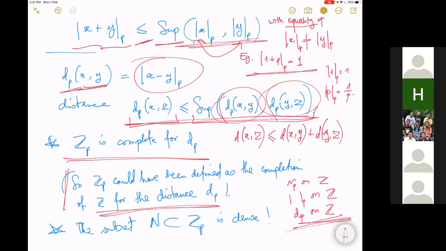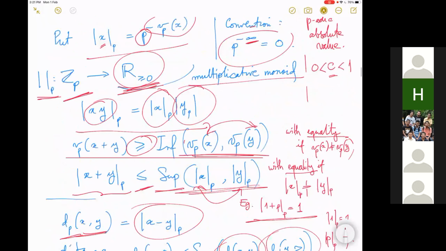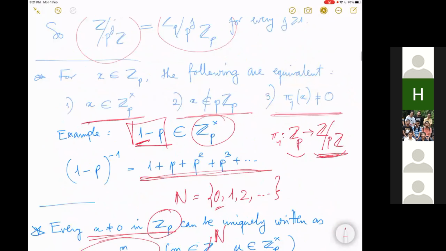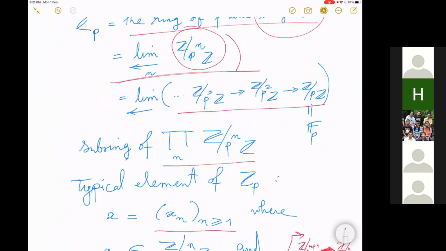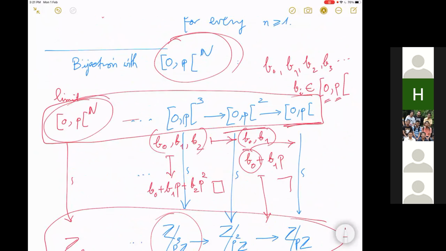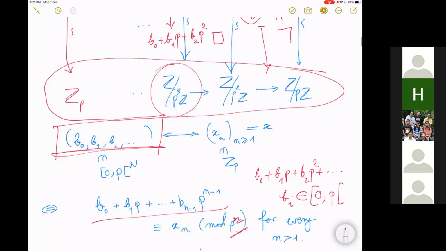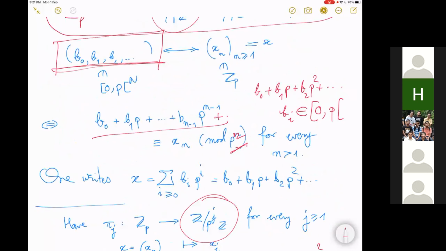What are the other two ways? The first one is, of course, the definition as the projective limit. And the second one is using p-adic expansions. So you identify a p-adic integer with its p-adic expansion, which goes on forever.